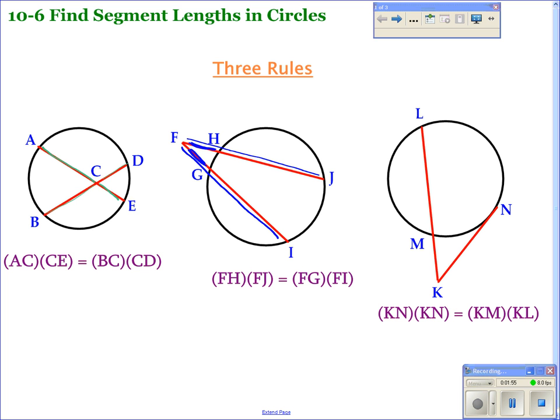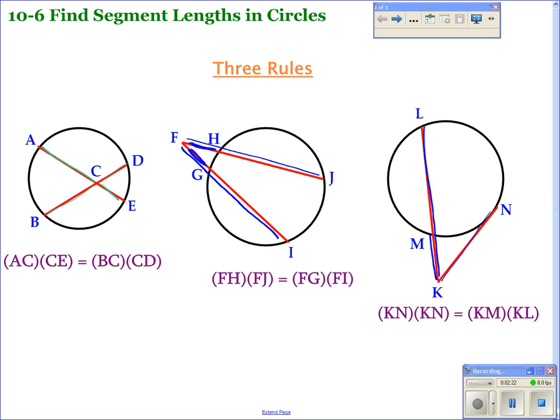And the last rule is essentially the same as that rule right there, but it has a tangent line, so it ends up being a tiny bit different, but not really. It's the same thought process. We still have a segment that's outside, and we'll multiply it by the whole thing. Then we'll do the same thing here, but there isn't an outside and an inside, so we just take that segment times itself, because there isn't anything to add to it.